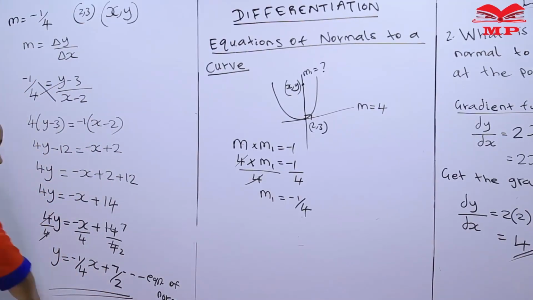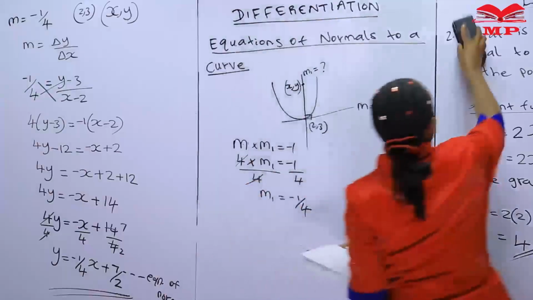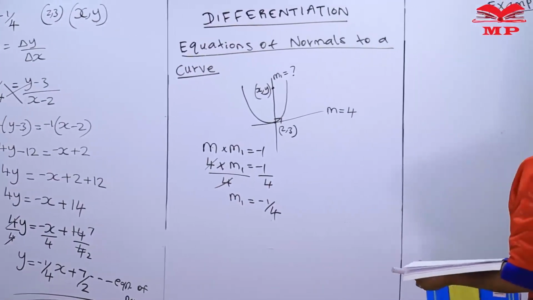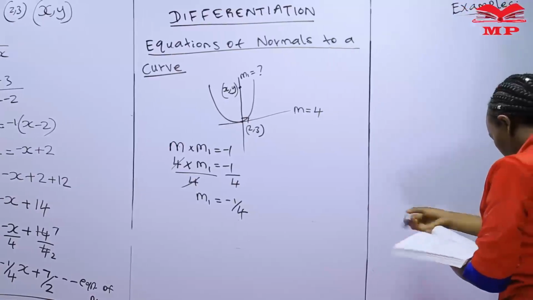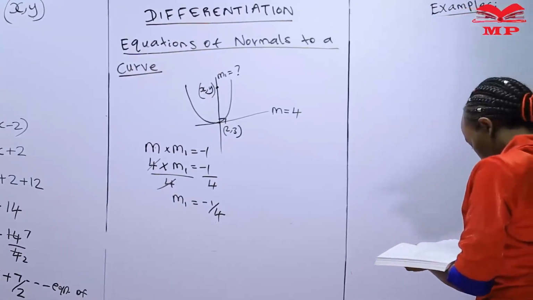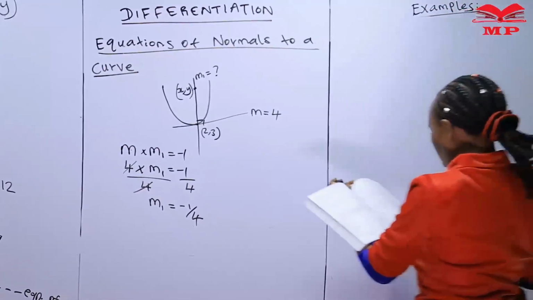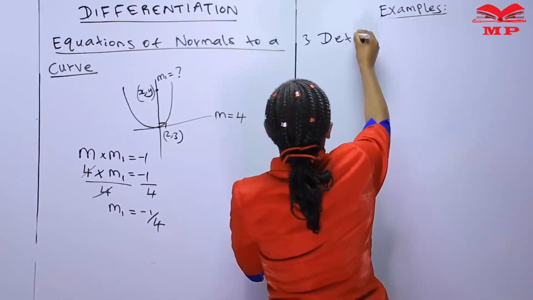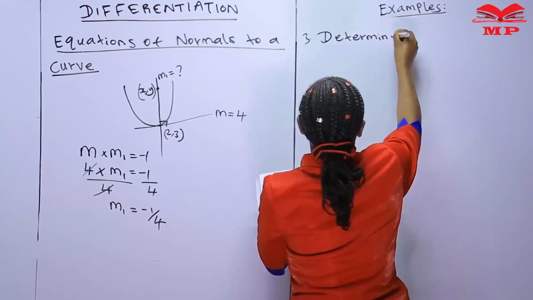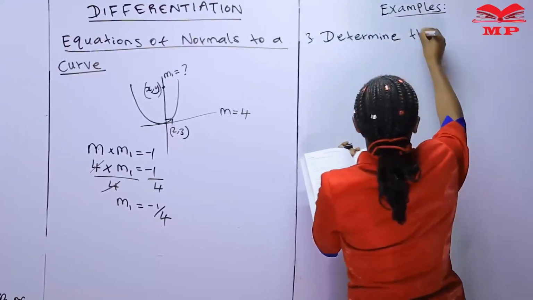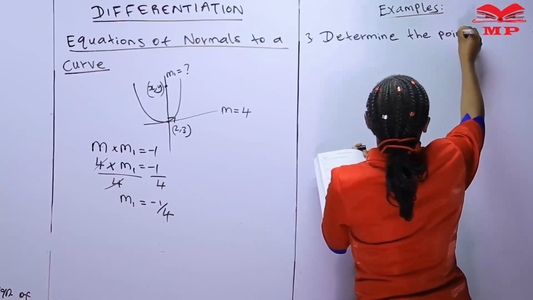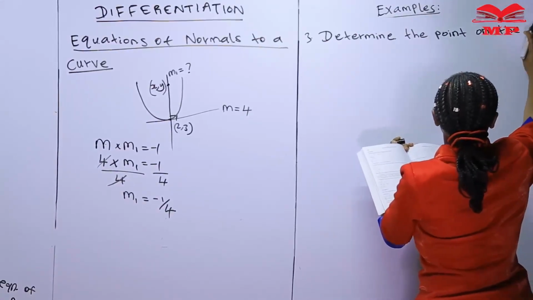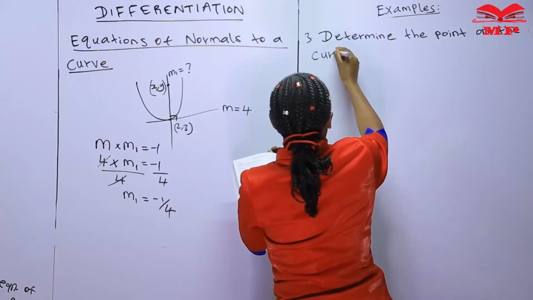Lastly, the last example in equations of normals to a curve, we have the following. Number 3: determine the point on the curve.